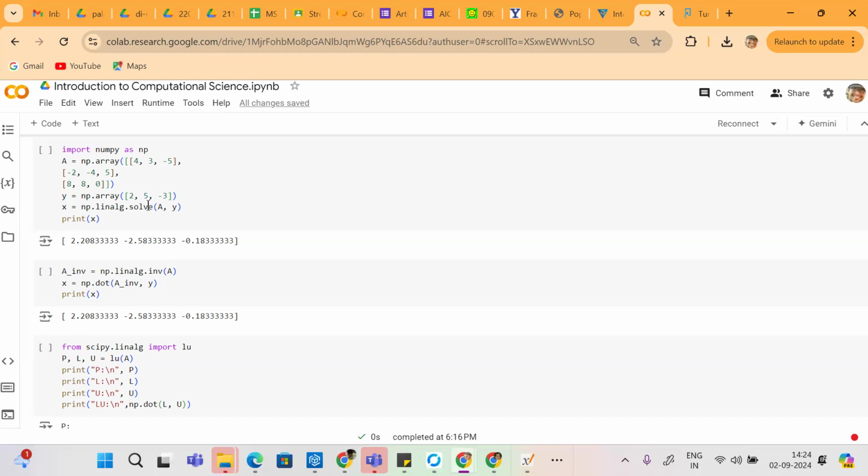I want you to use this code and the solve command to make sure that whatever you did manually is exactly the same as what you got using Python. So here I am showing via Python how to get the solution to the matrix equation Ax equal to B. This is one such solution.